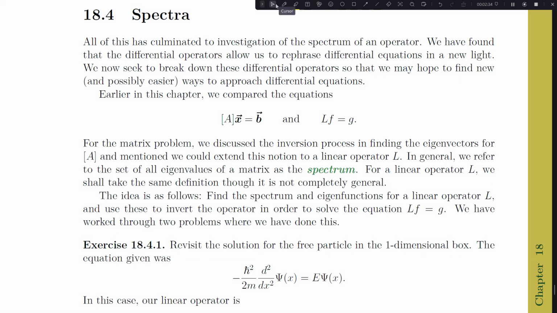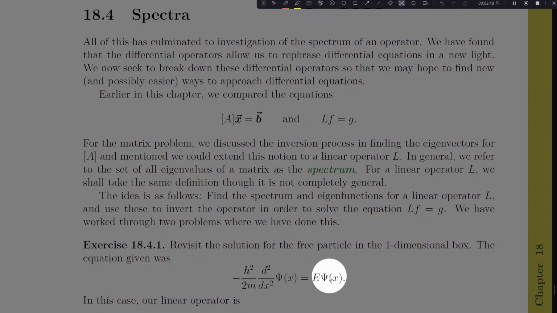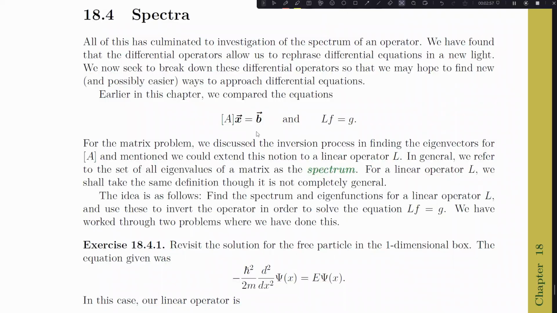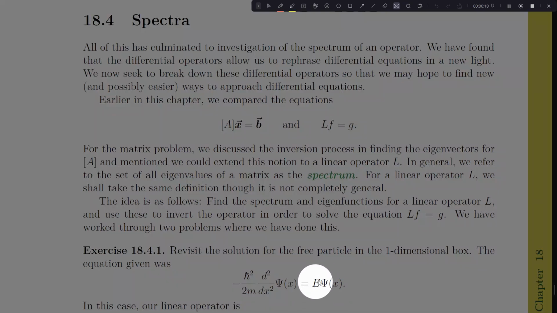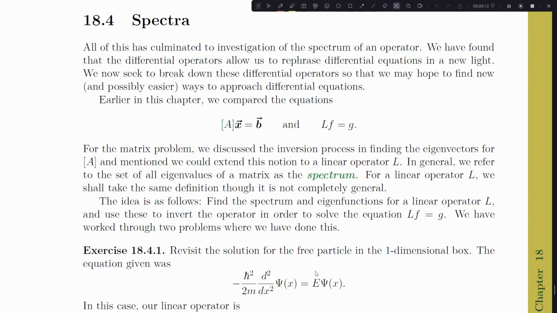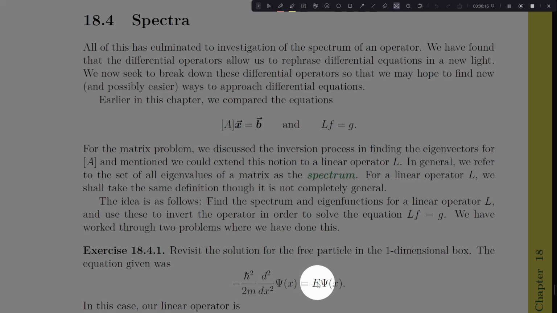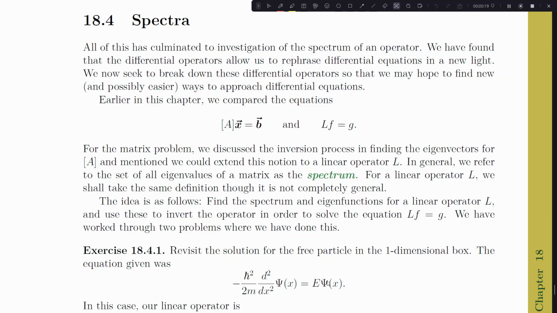We want to find those for some arbitrary operators now, in particular differential operators, because we like to use these to solve differential equations. And let's revisit the Schrodinger equation for the particle in the one-dimensional box, where we recover negative h bar squared over 2m d dx squared on psi is equal to some E, which instead of lambda, we're using E here, is equal to a number E, or the energy level, times psi.